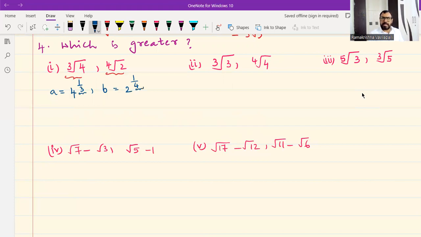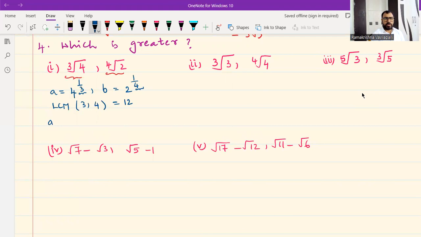The LCM of the denominators of the powers. So here the LCM of the denominators 3, 4 equals 12. Then what we have to do is raise each number to the power 12.